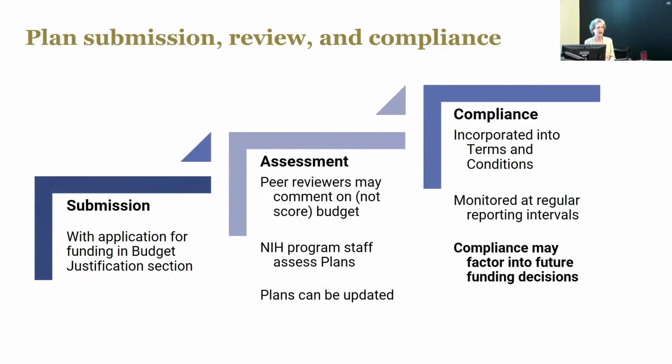Again, the program staff are the ones that actually assess the plans once you get the award. And then, once everybody's happy, and I'll talk about that part in a minute, you absolutely have to then actually do it. And NIH is talking about factoring into future funding decisions if you do not comply.